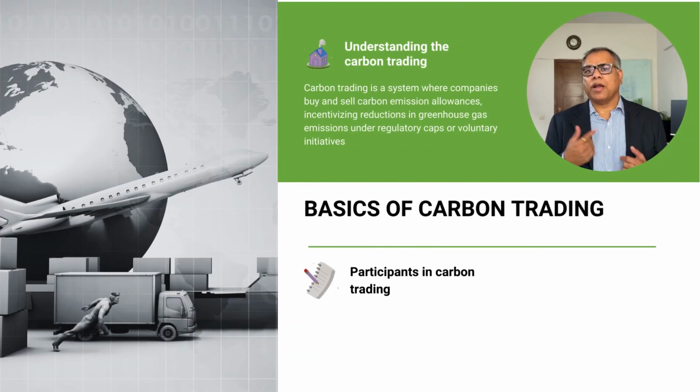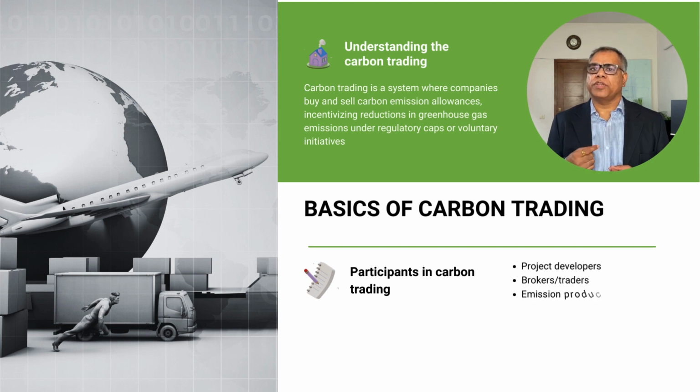So in this market, there are multiple entities which operate. Let us discuss them one by one. The first entity is the one who originates the carbon credit. They are known as project developers, who are doing a green project. It can be a solar, wind, or renewable project.